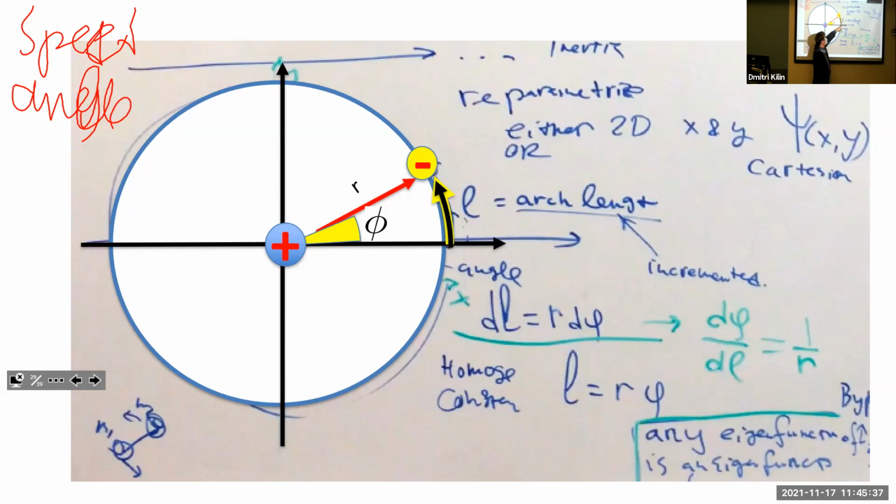Then radius times angle will be arc length, right? So radius times a very small change of angle will be a small change of arc length. From here, we immediately see that the ratio between angle and arc length is 1 over r.